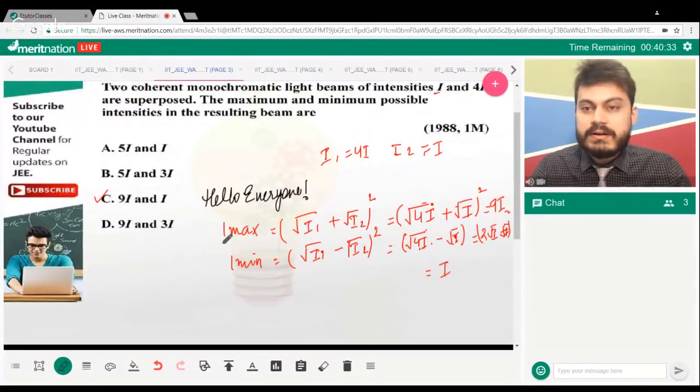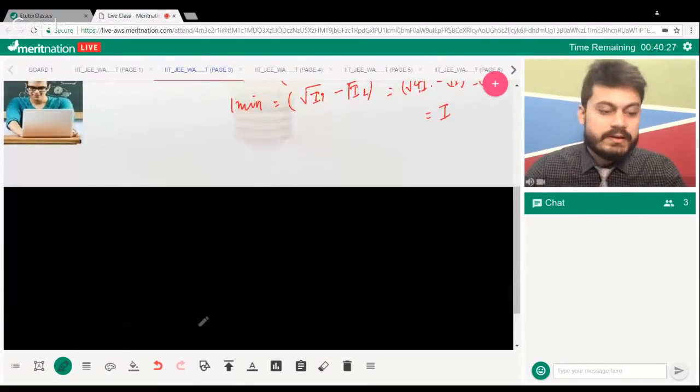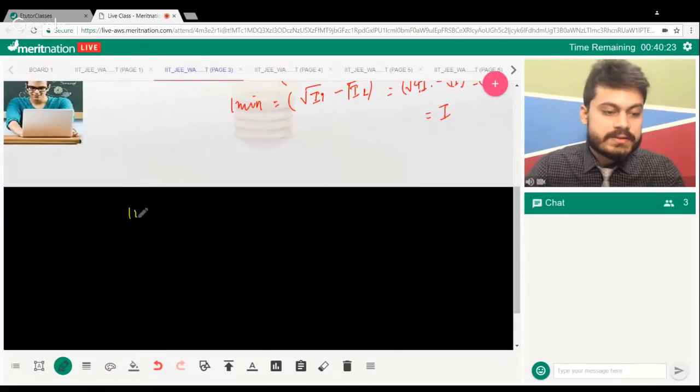So everyone got it? Okay. So how many of you are fine with that? Or what is the thing that we learned from this question? That's a simple thing. Maximum intensity should be equal to (root of one of the intensities plus root of another intensity) to the power 2.